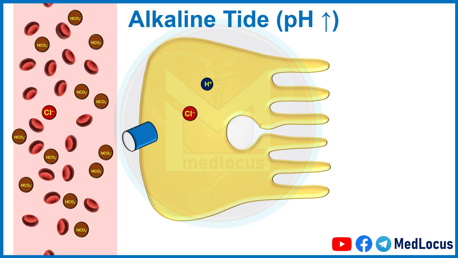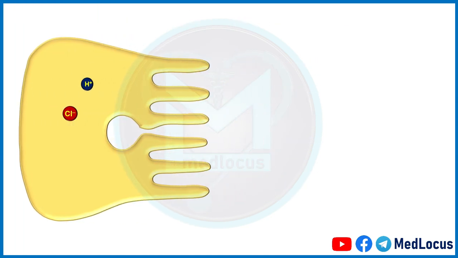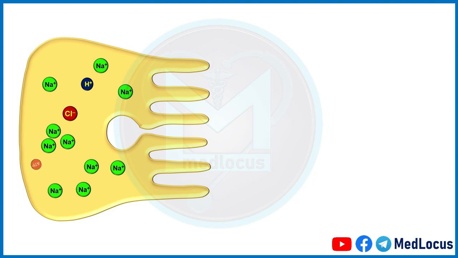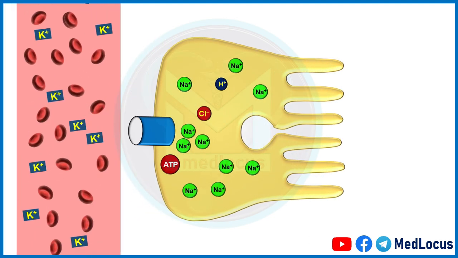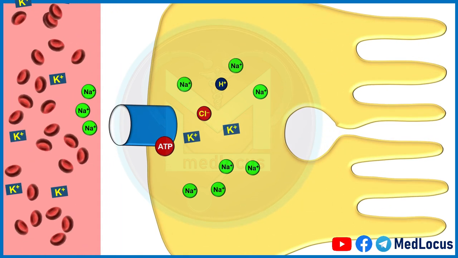Intracellular fluid or cytoplasm of the parietal cell is rich in sodium ions and ATP due to numerous mitochondria in the parietal cell. 3 sodium ions are transported out of the parietal cell, catalyzed by the sodium-potassium ATPase pump present in the basolateral membrane, in exchange for 2 potassium ions from the extracellular fluid or plasma of gastric vessels.